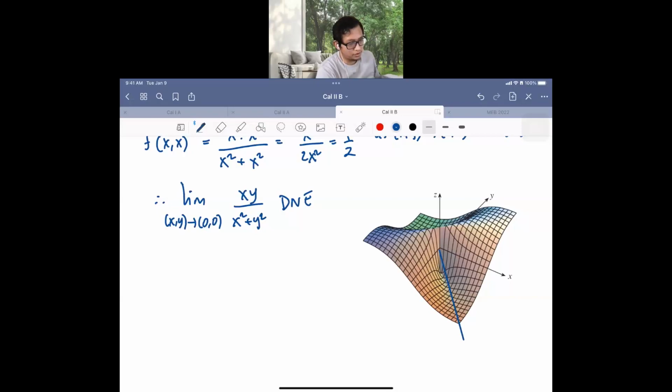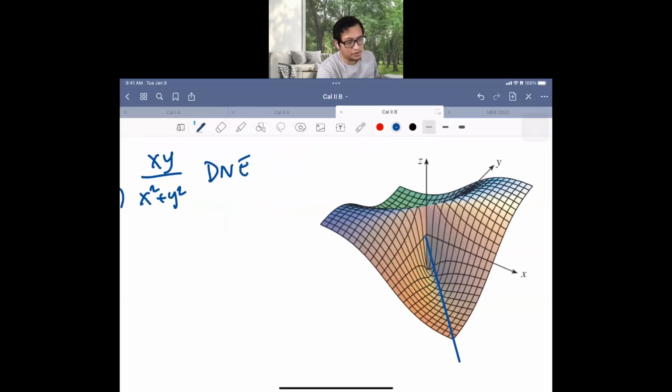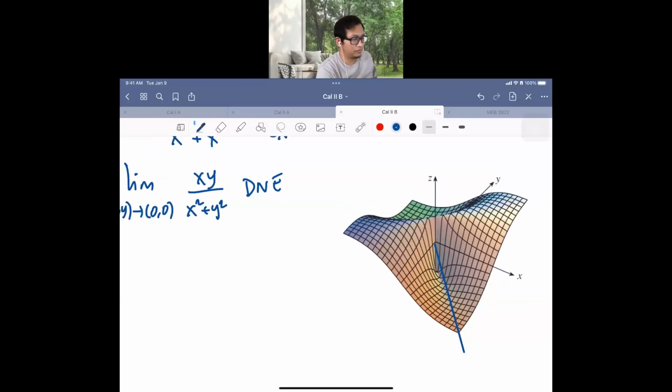If you see how it looks when it's approaching 0, it has some curvy structure, right? So that's why it doesn't exist, because it has different results. When we approach 0 along y equal x, it's going to be 1 over 2.